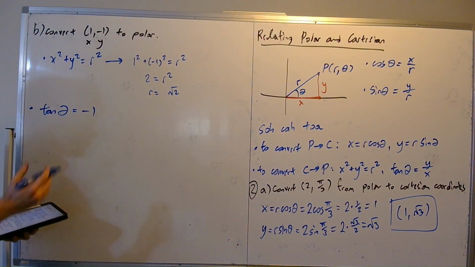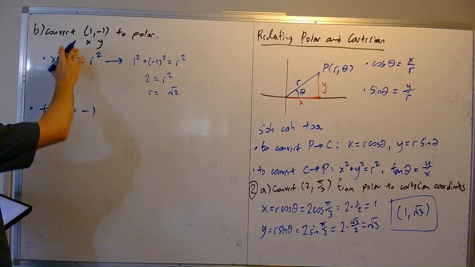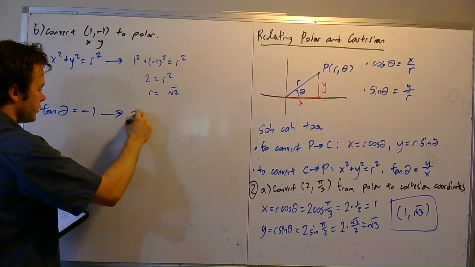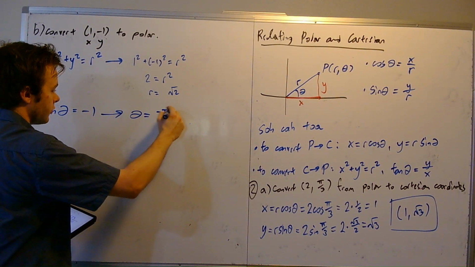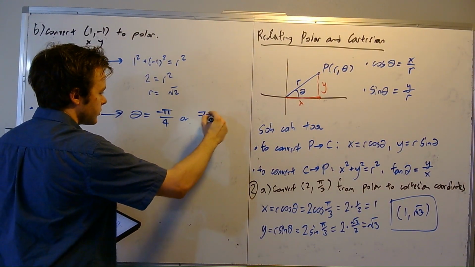And now, if you look at where tangent theta is equal to 1, that's when theta equals pi over 4, but it's negative 1. And if you look at what quadrant you're in, quadrant 4, because this point is in quadrant 4. So that tells us here that theta actually equals negative pi over 4, or 7 pi over 4.